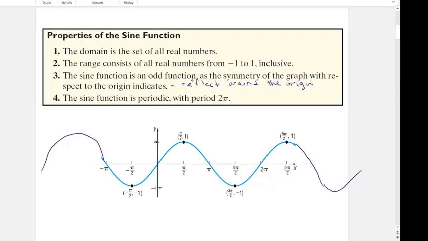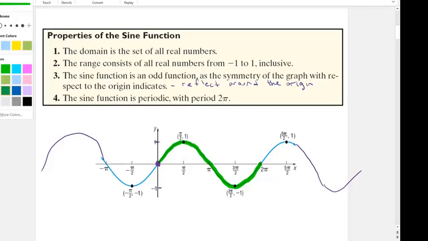The sine function is periodic. What it means is it goes on, but it has a period of 2 pi. So if we start here and we continue around this graph to 2 pi, notice it's going to start and it's going to look exactly the same again.